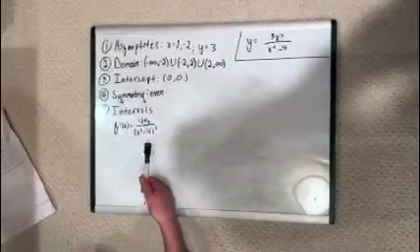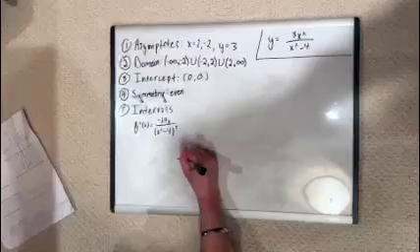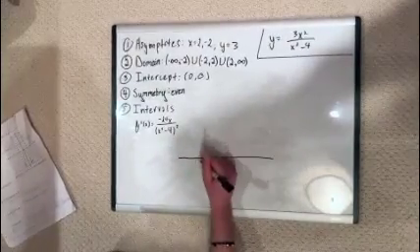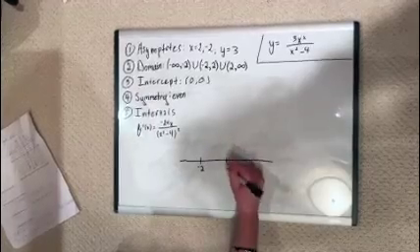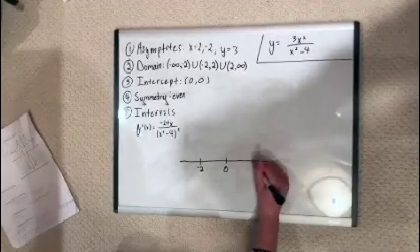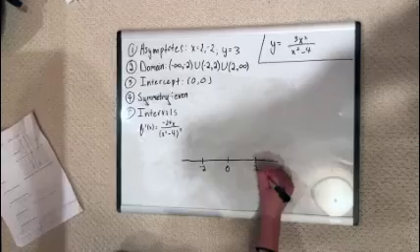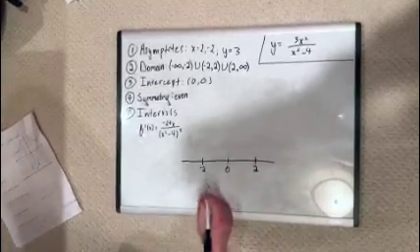Now that we have our derivative, we're going to plug numbers in between our asymptote at negative 2, our intercept in the middle at 0, and our other asymptote at 2 to see where our graph is increasing and decreasing.